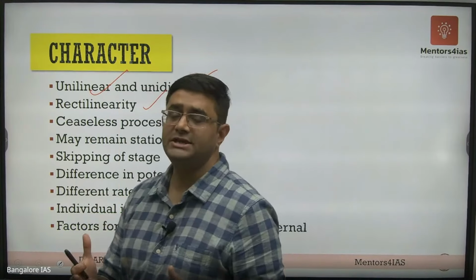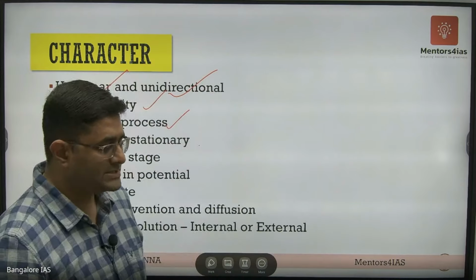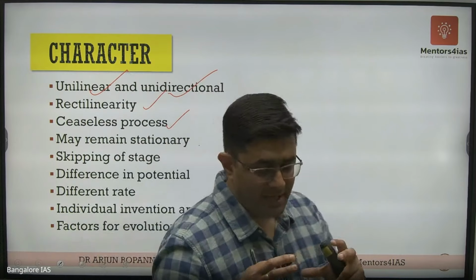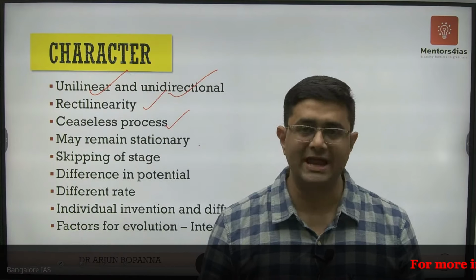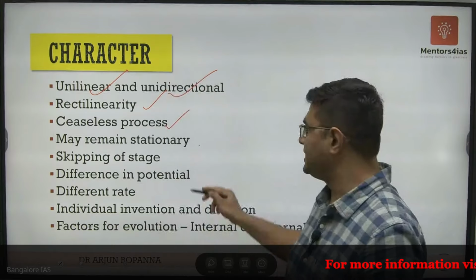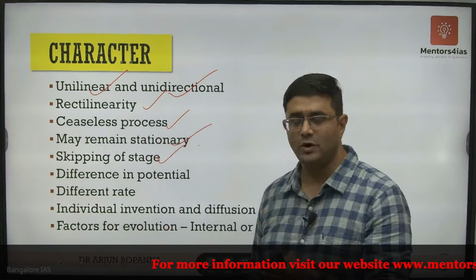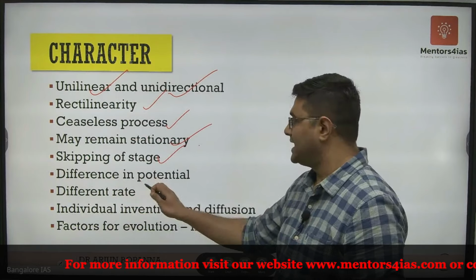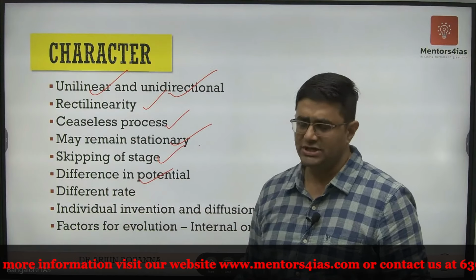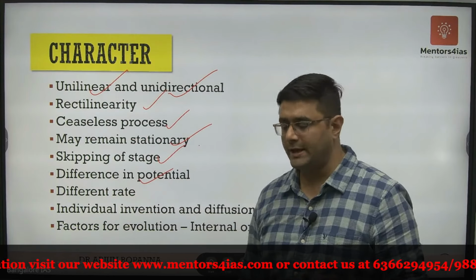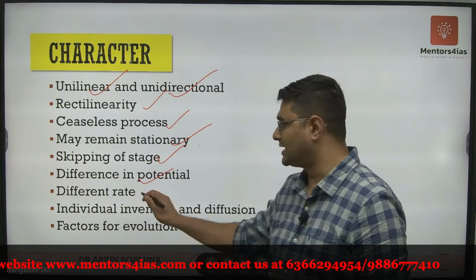It may remain stationary at a point of time. That means it may not evolve, it may be stagnant, and then it may evolve very rapidly. So that could happen. There could be skipping of stages because of borrowing from neighbors. Okay, they have differential potential. Usually evolution is slow in the beginning, but later it becomes much more rapid.